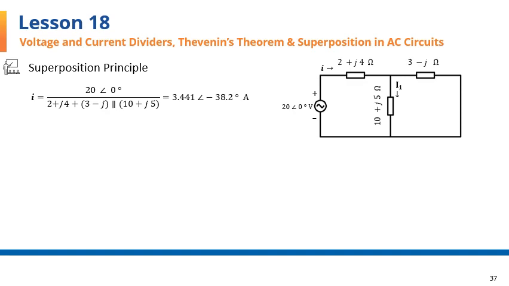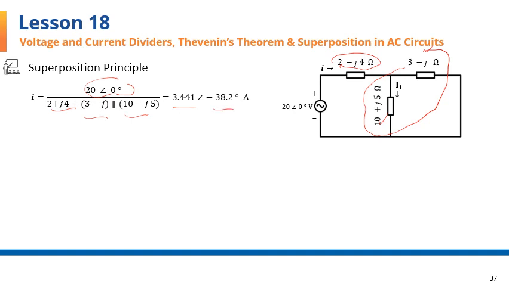The equivalent impedance is going to be the sum of this impedance with the parallel combination of these two impedances seen in the denominator here, 2 plus j4, added to the parallel combination of 3 minus j and 10 plus j5. In the denominator, the numerator will have the voltage source, 20 volts. And the answer comes to 3.441 amps with negative 38.2 degrees.